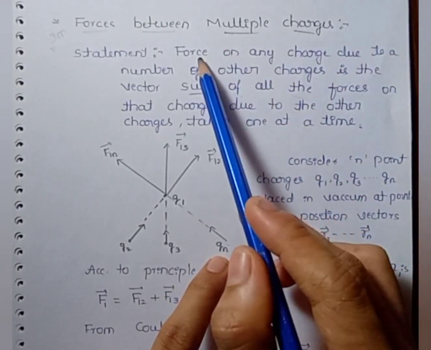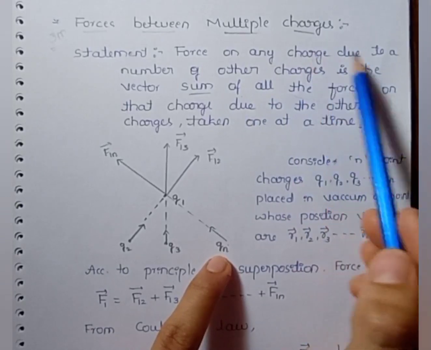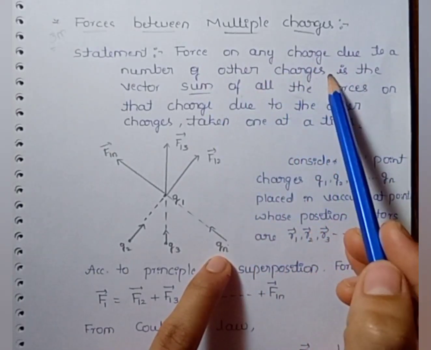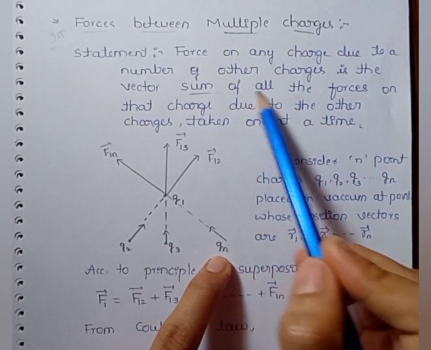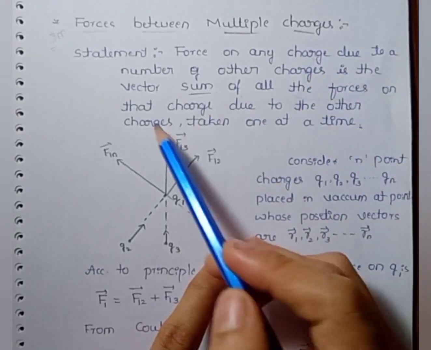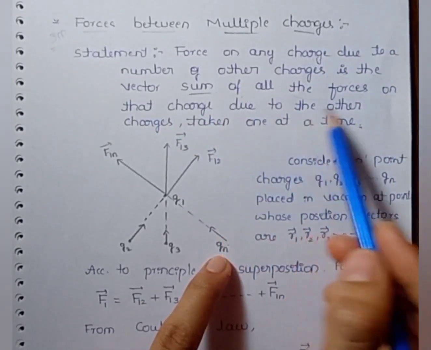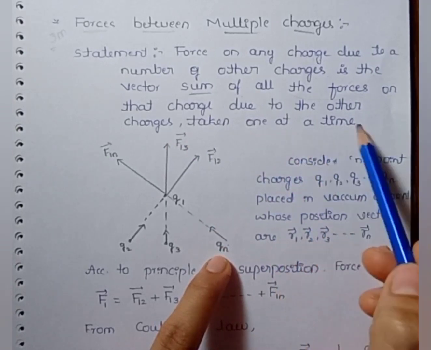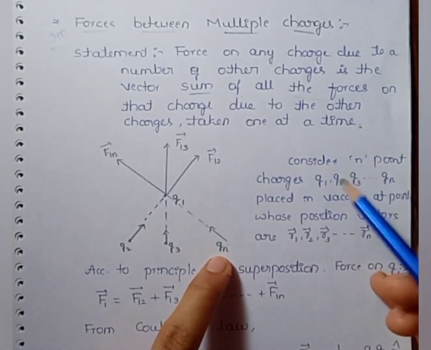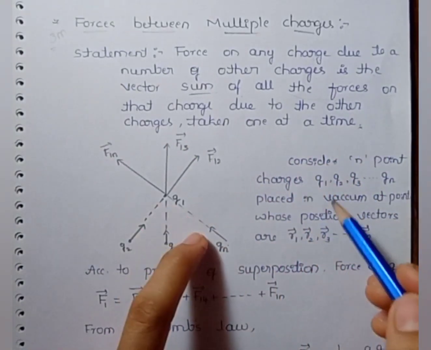I will read another statement. Force on any charge due to a number of other charges is the vector sum of all the forces on that charge due to the other charges taken one at a time. Let us consider with the diagrams.